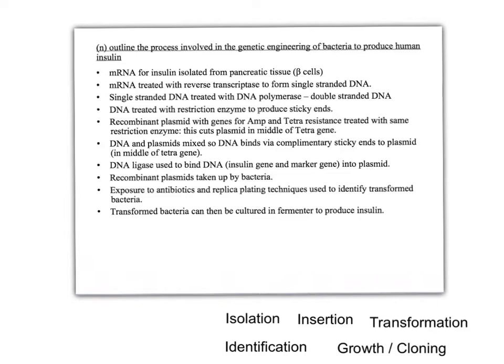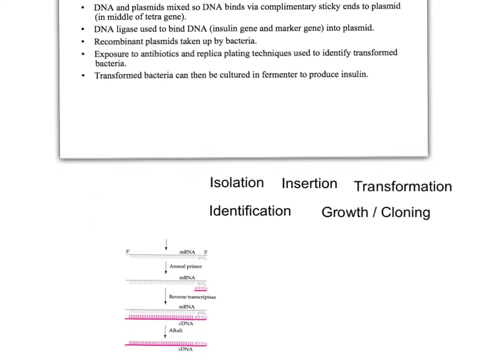Okay, so this, as I've said, can be a fairly hit and miss process. The next thing to do is to identify which bacteria have actually taken up our plasmid.